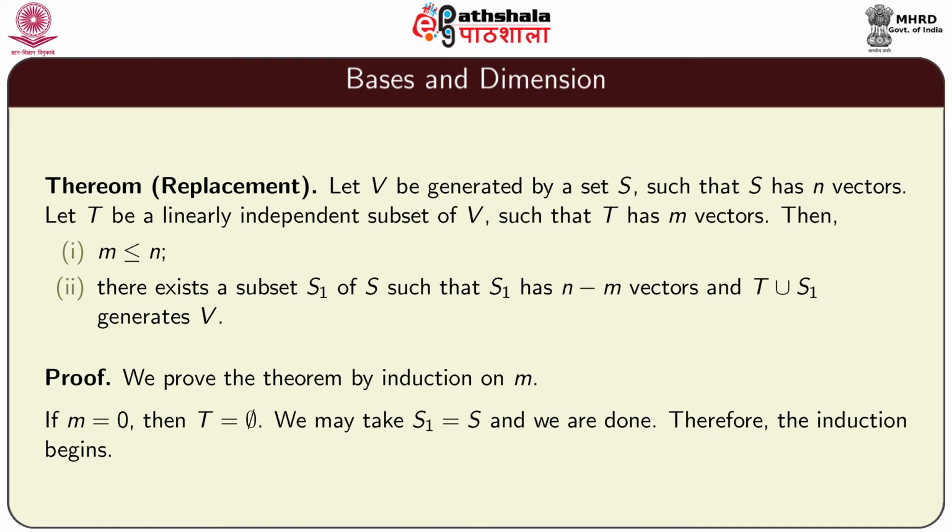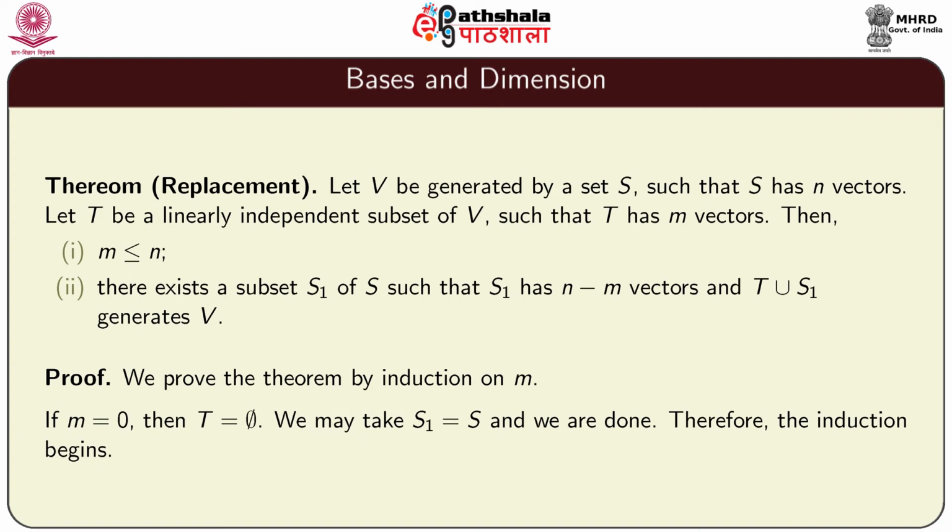So, we need a finite spanning set S, and we need a linearly independent subset T of V. If the number of elements in S is n and the number of elements in T is m, then m can be at most n. This is the first part of the statement.